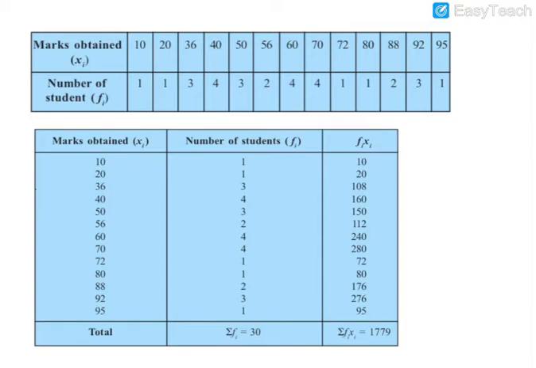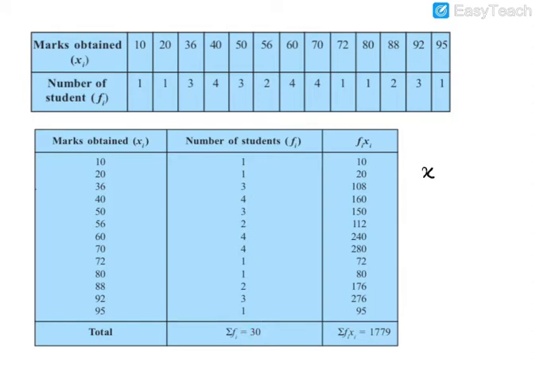So in order to calculate mean of this data, we have to find the product of xi and fi for each data. After you have found the product fi xi, we have to add all these to find summation fi xi, and also find the sum of frequencies.